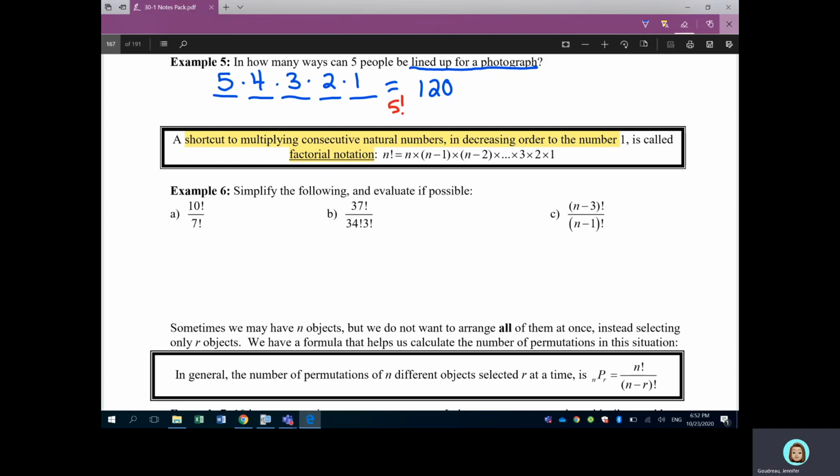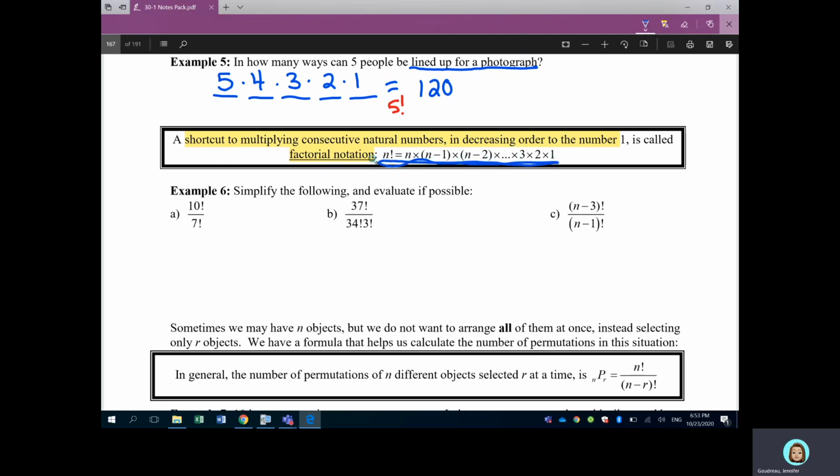What we want to do is choose the n that is bigger. Because 10 is bigger than 7, I'm going to take that numerator, 10 factorial, and expand it using what factorial notation means.